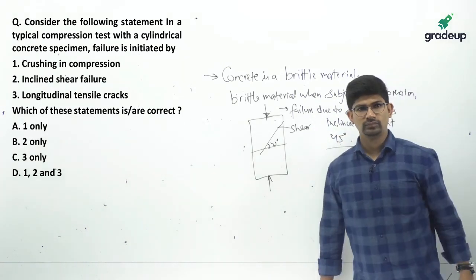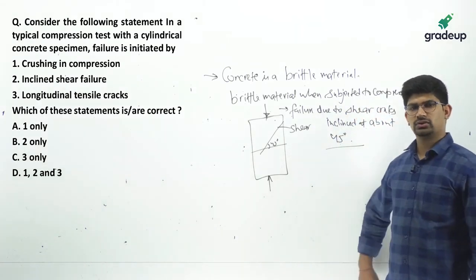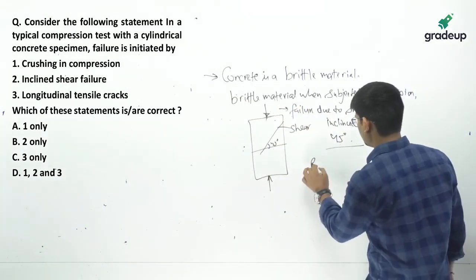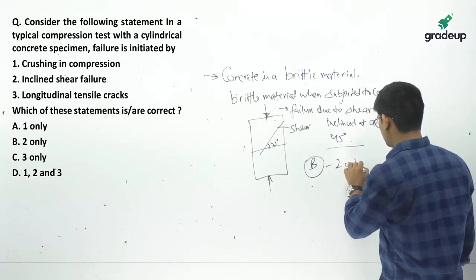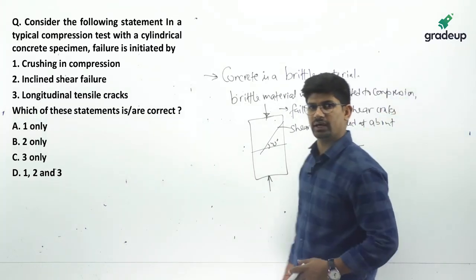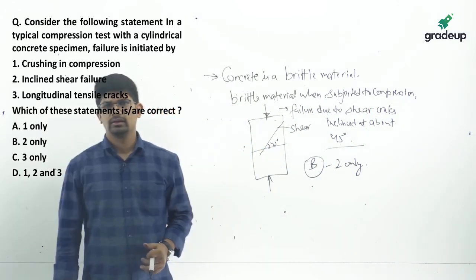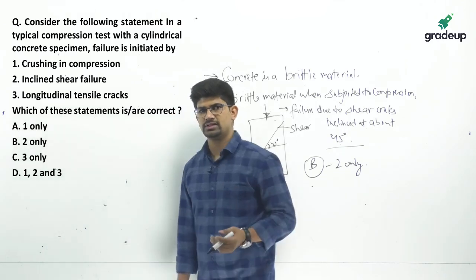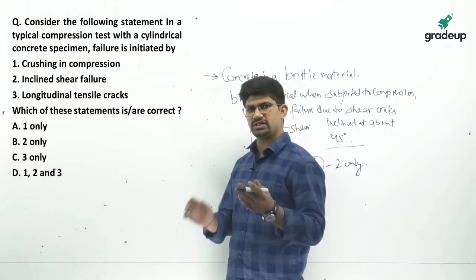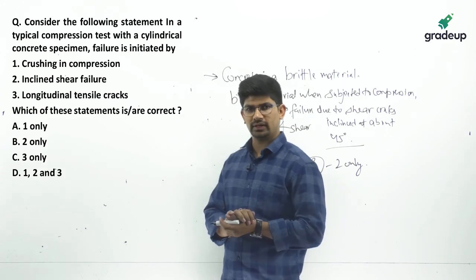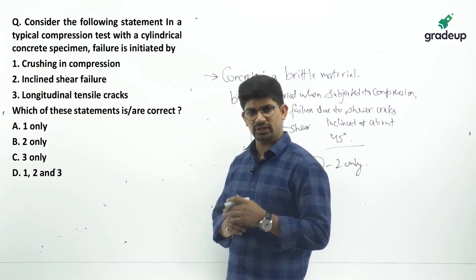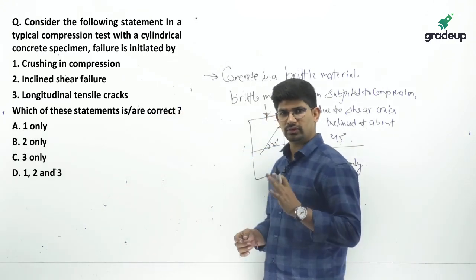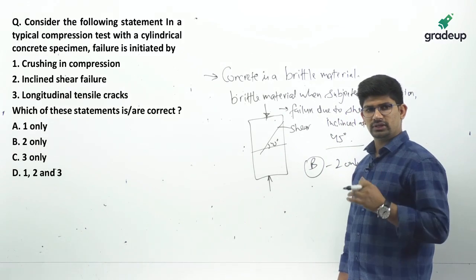Okay. So the answer to this question will be 2, that is B. 2 only, that is only inclined shear cracks. Okay. Since we are using the cylindrical concrete specimen, crushing in compression will not occur here.